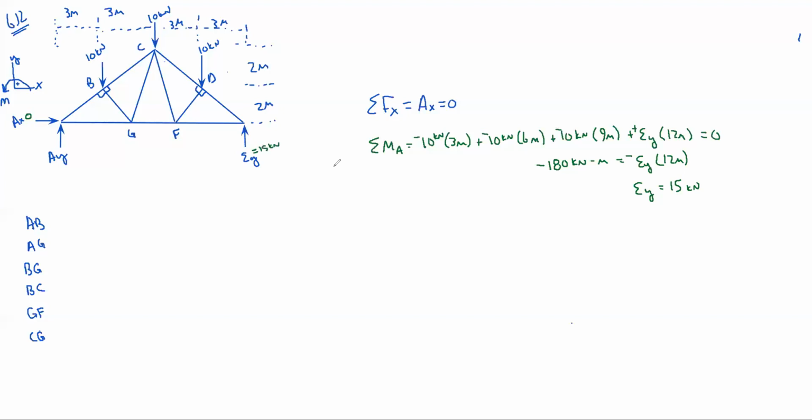15 kilonewtons. Now we can take the summation of the forces in the y direction. So it's AY up, minus 10 at B, minus 10 at C, minus 10 at D, plus 15 at E, equal to 0. Put my units in real quick.